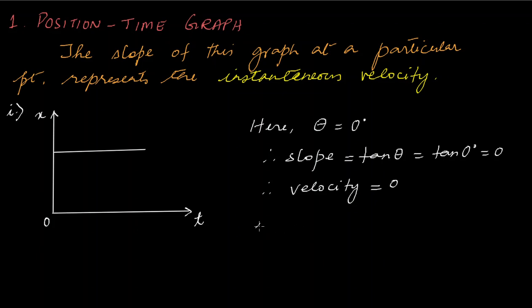So the body is at rest. Is that clear? So whenever you see this kind of graph, and mind you, it should be an x-t graph, that means that the body is stationary or at rest.